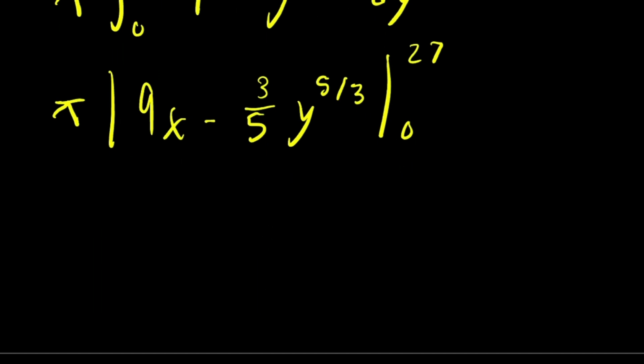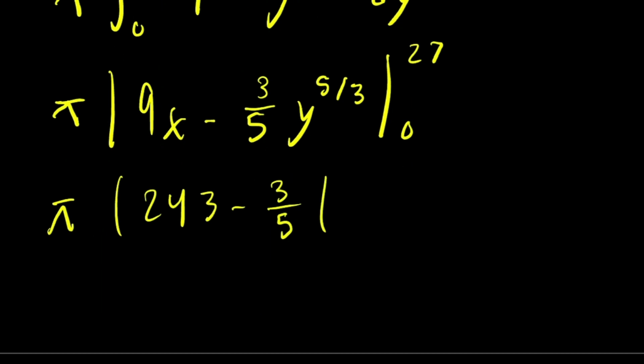Okay, so pi times 9 times 27, what is that, 243, minus 3/5 times 27, the cube root of 27 is 3. 3 to the 5th is 243.